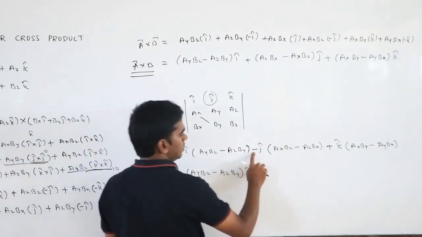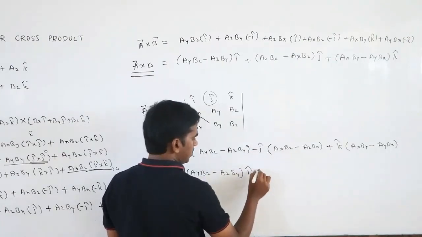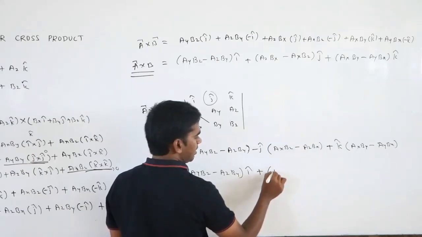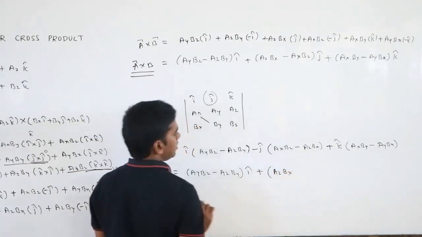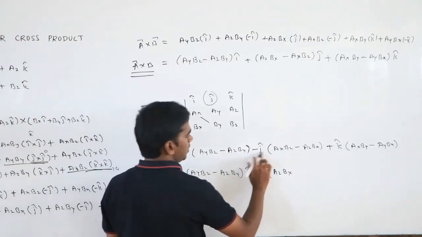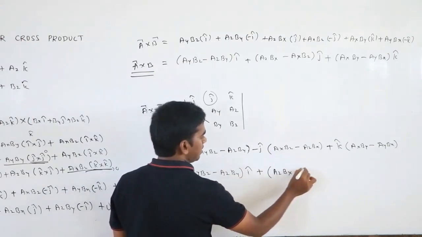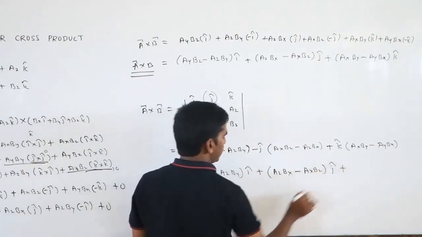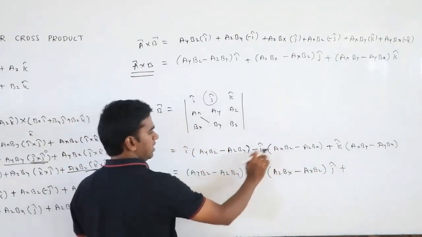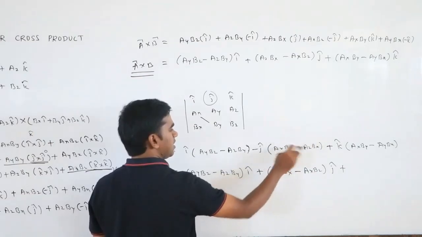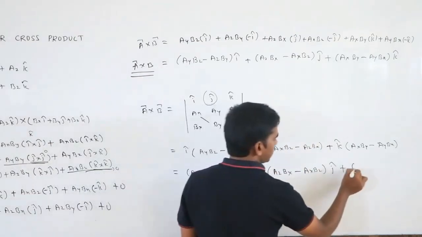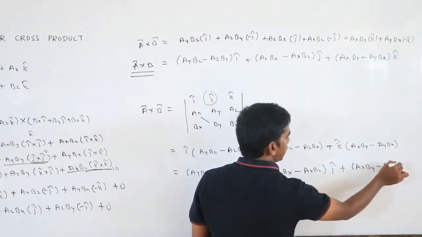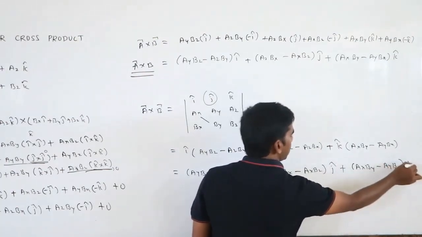So this negative I will take inside, so this will become plus. So negative will become positive. So I will write az bx minus ax bz, so j cap I will write. Plus ax by minus ay bx. Okay, so this is what going to be k cap.